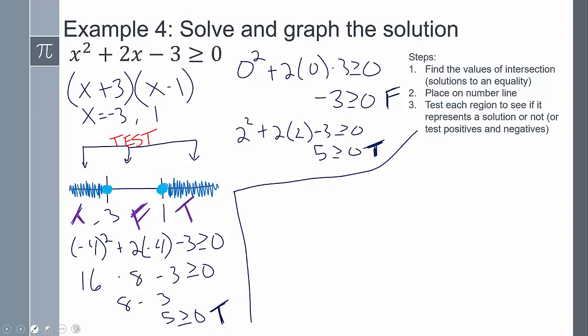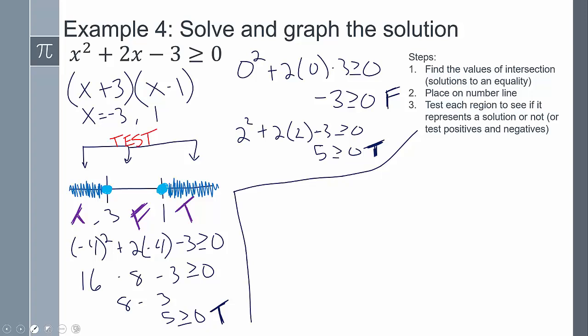And then step 3, I had to test each region to see if it represents a solution or not. And so that's why I tested a value on this side, like -4, tested a value in between, like 0, tested a value over here, like 2, and then I put all of those values on the number line, and then you shade what's true. Now here is the second reason why comparing it to 0 is really, really important.